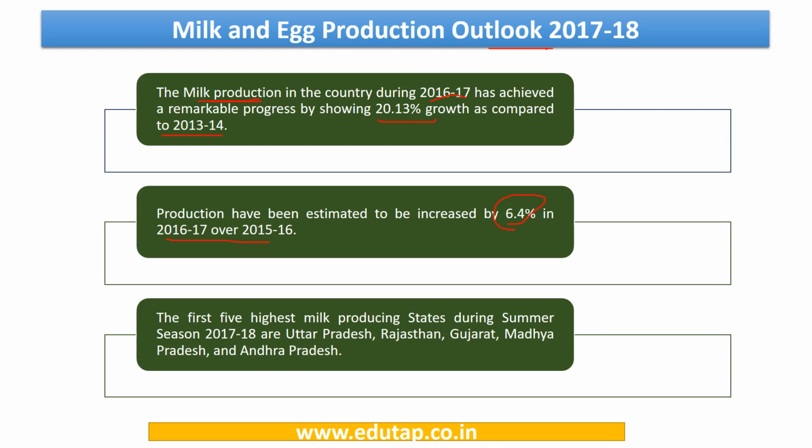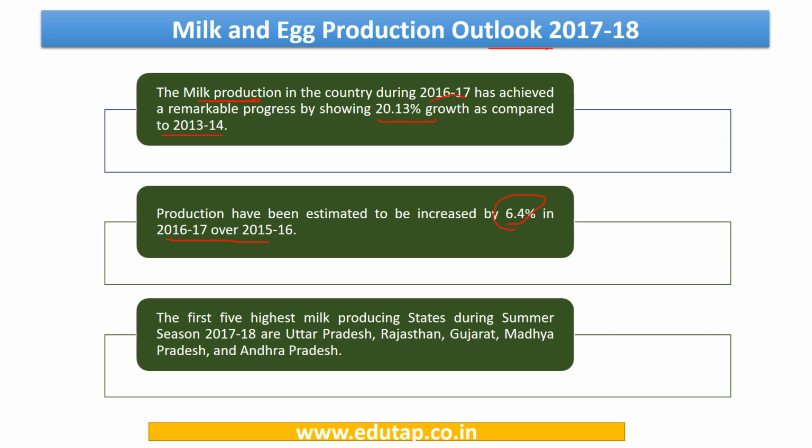So there has been consistent high growth over the past 3 years. It gives a positive outlook for the coming year as well, in addition to a number of schemes already introduced by the government to increase milk production in the country.